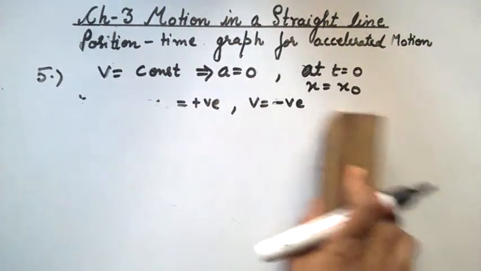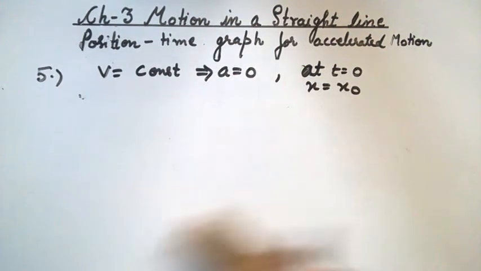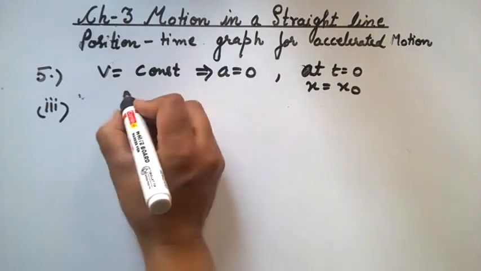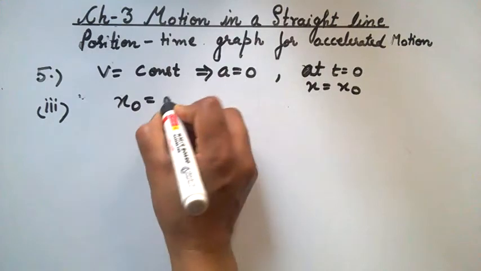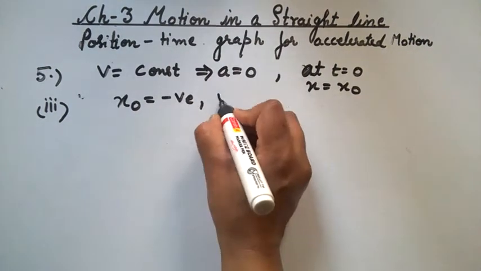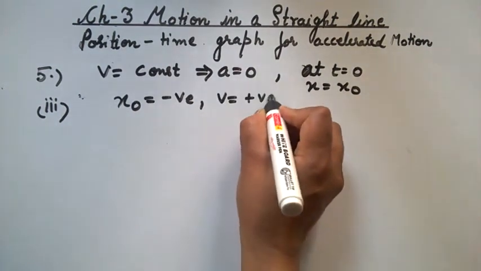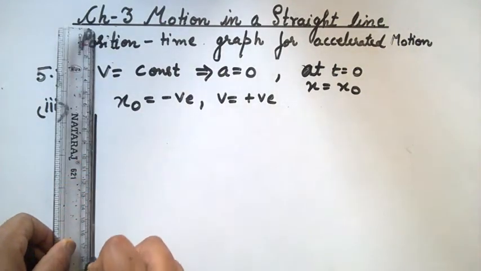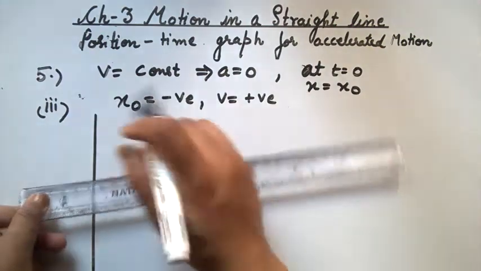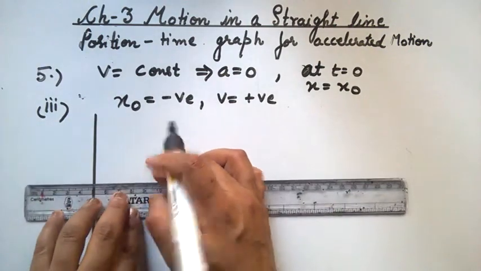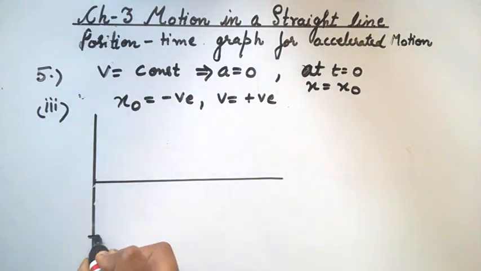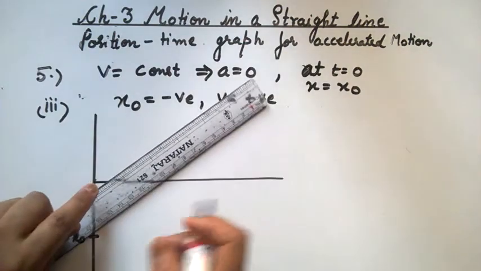Third case: when x naught is negative and v is positive, then the position starts at a negative value and increases with time.